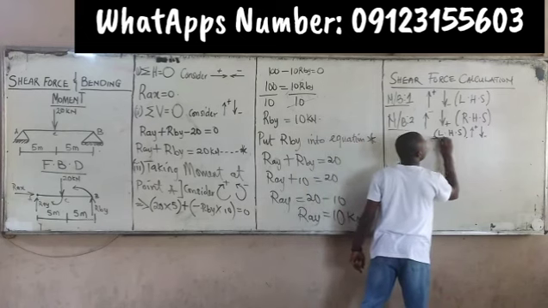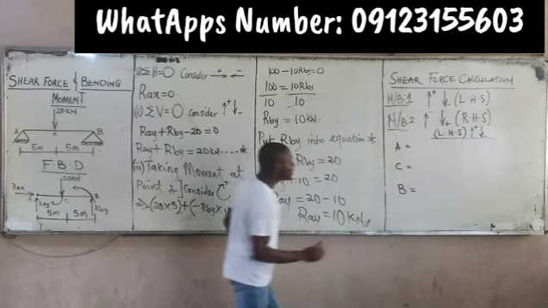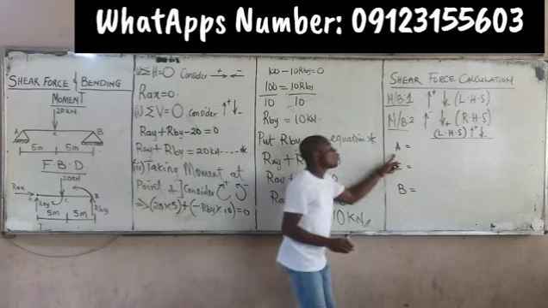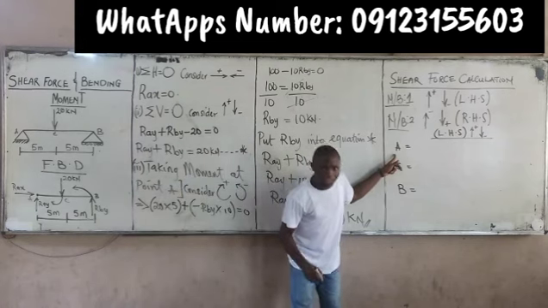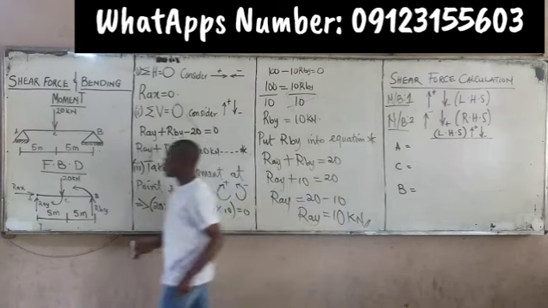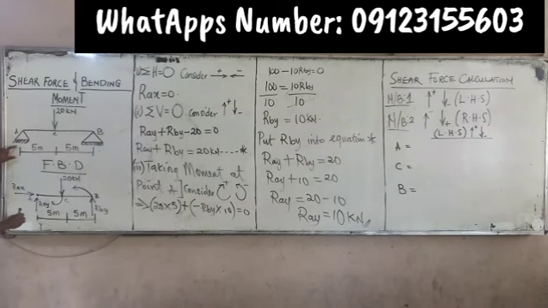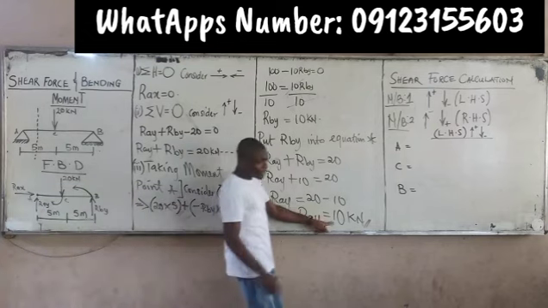If that is true, then at point A, what is my shear force? That's the question. Coming down here, if I section at A, observe this. We said RAY is already 10.